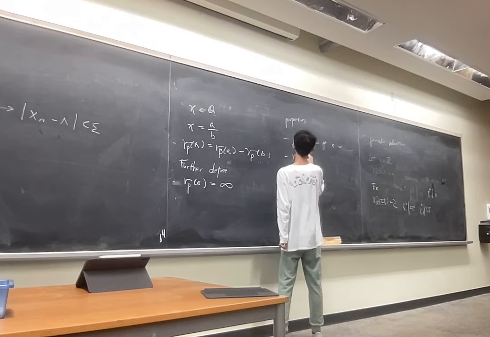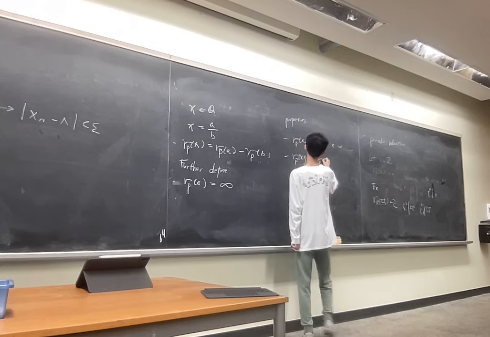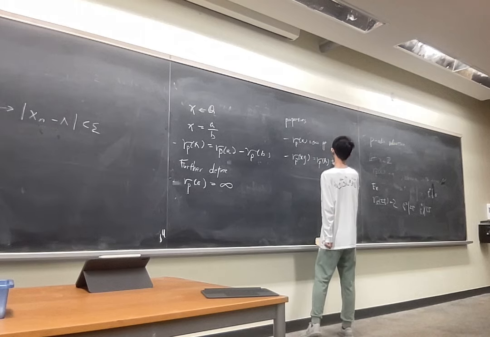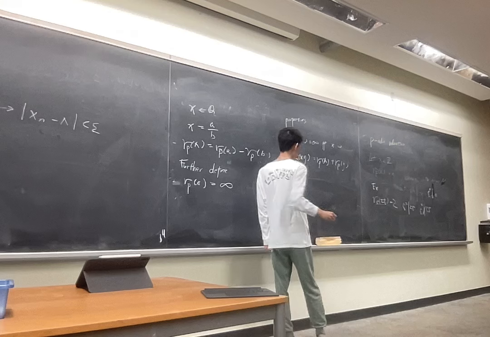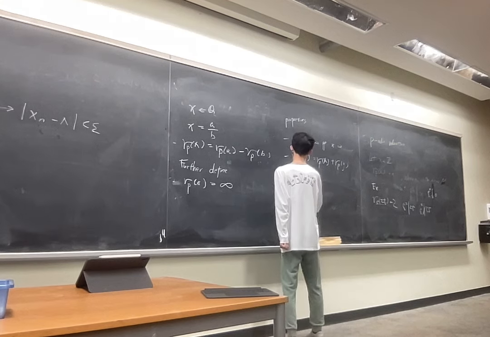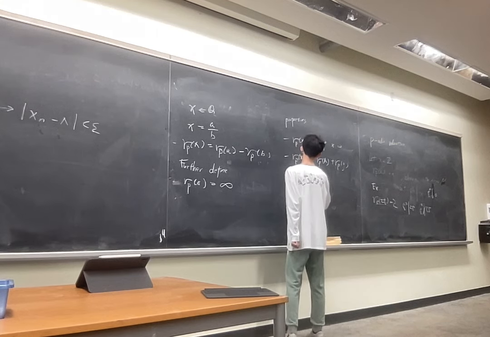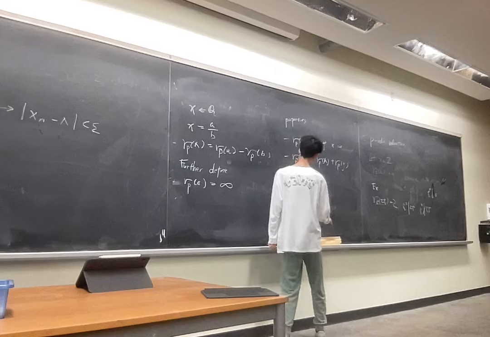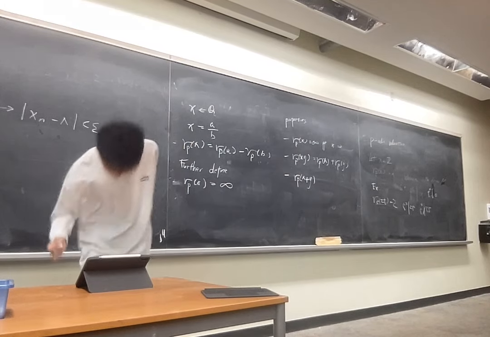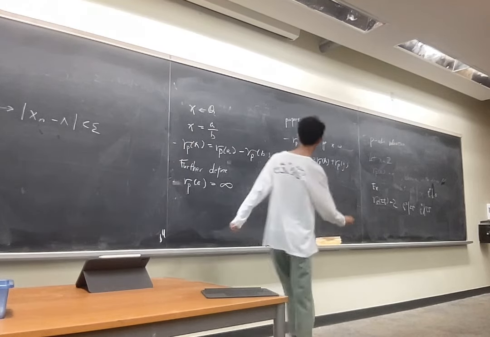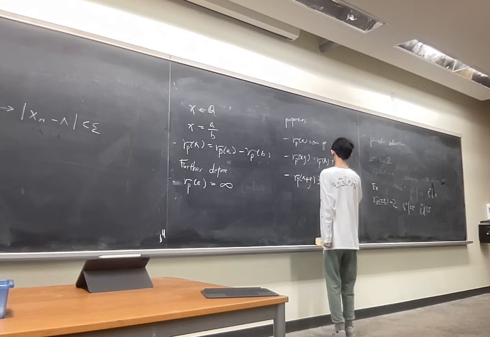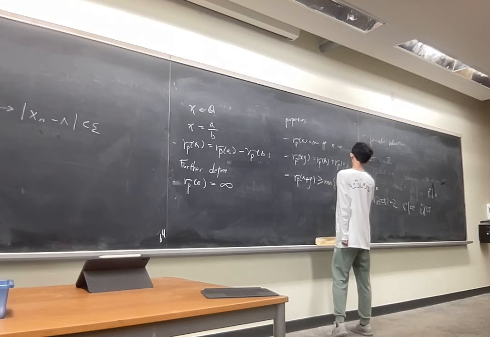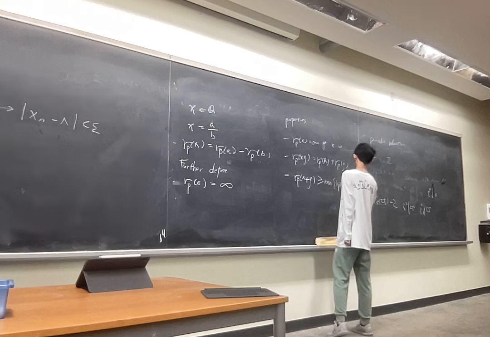So the valuation of xy equals the p-adic valuation of x plus the p-adic valuation of y. And the third one, you need to do something like number theory to verify this: the valuation of x plus y is at least the minimum of the valuation of x and the valuation of y.